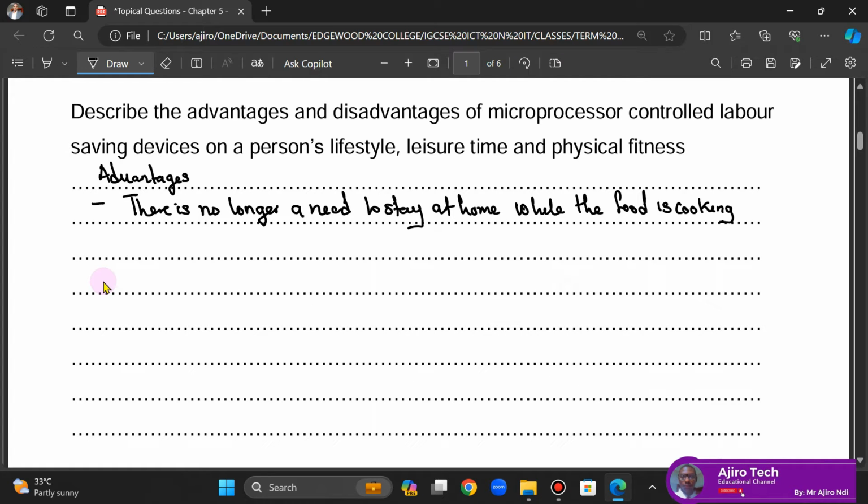No need, because now we have these cookers, now we have these automatic washing machines that can actually do them for us. So there's no longer a need to stay at home.